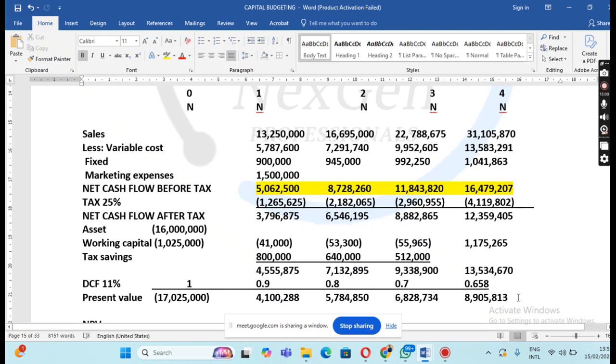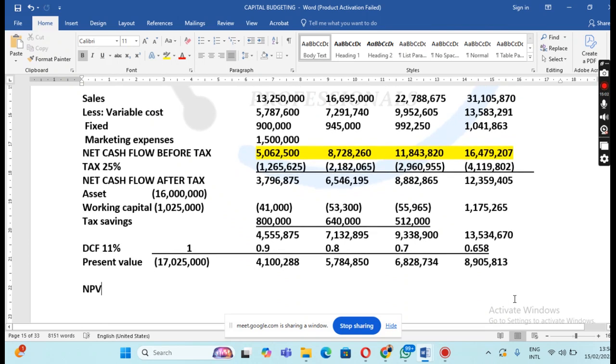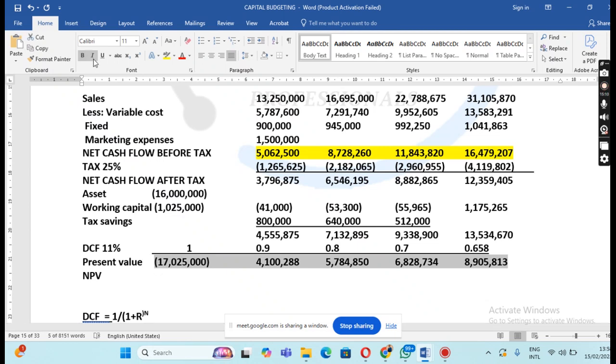So if this is the present value, now to get your NPV, class, which is the present value, since you have your positive from year 1 to year 4, add it together, minus it from year 0. Sometimes you may have negative in year 1, so you need to subtract it from the positive before you will now have your NPV.